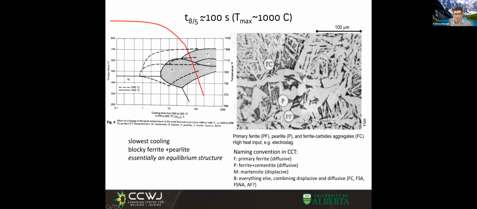These big blocks are the primary ferrite that appeared at the grain boundary of the austenite. And inside it, I'm talking about the dashed lines, we get to see some primary ferrite, then some amount of perlite, that is what is dark.